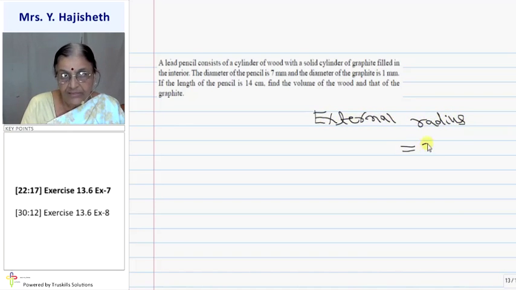What is the external radius? 3.5 mm, because the diameter is 7 mm.